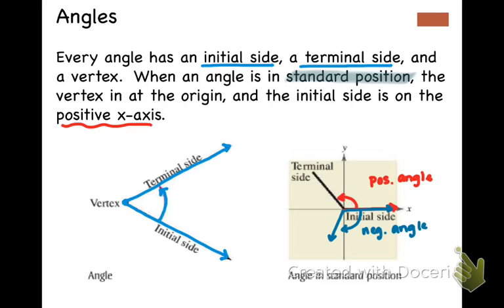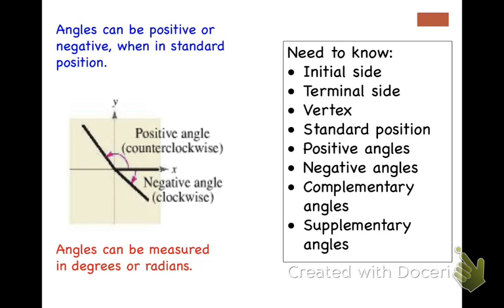We're going to focus a lot on standard position, and then on whether we open up counterclockwise or clockwise. That's going to tell me if it's positive or negative. We're going to do a little bit with that, but we're not going to focus a whole lot on that one.